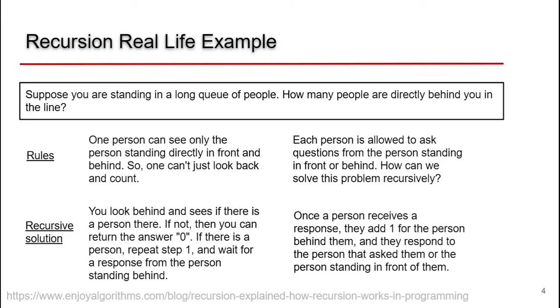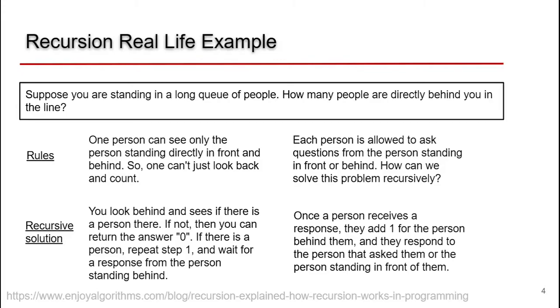To give an analogy or a real life example, let's imagine that we are in a queue for buying something at a cashier, and we have too many people in this queue, and we want to count the people not from an external view but using the people themselves.